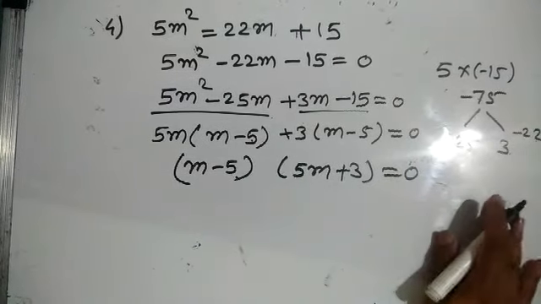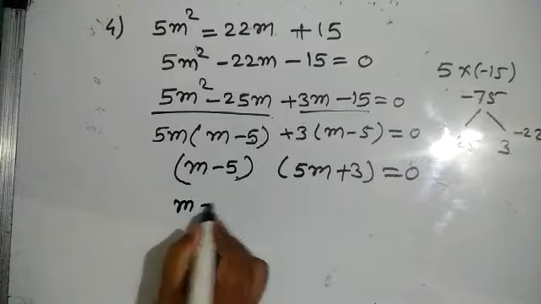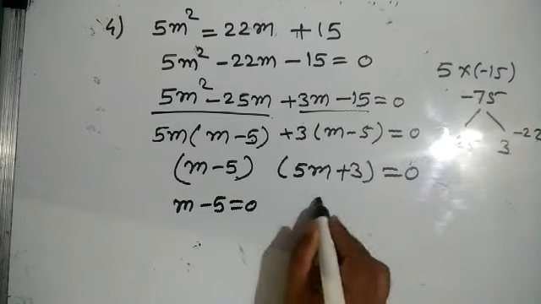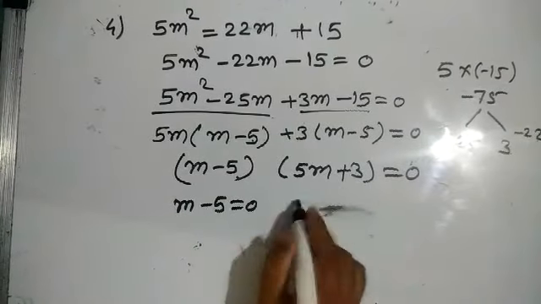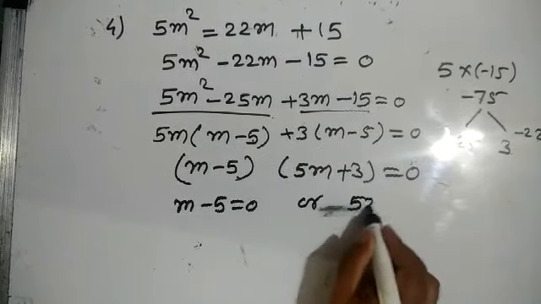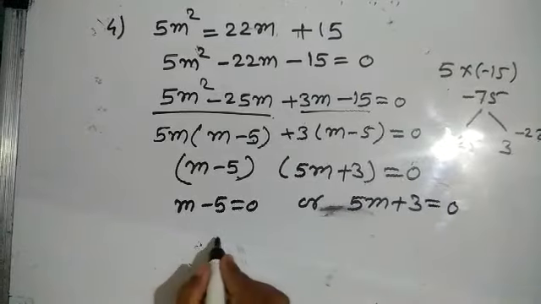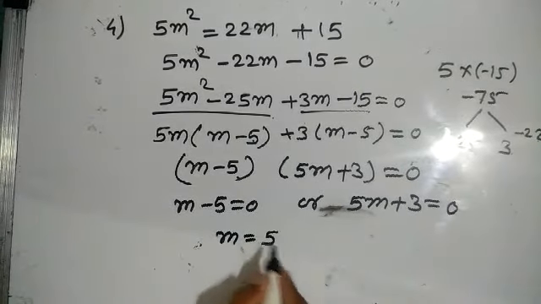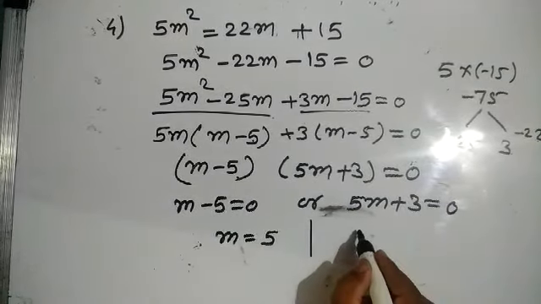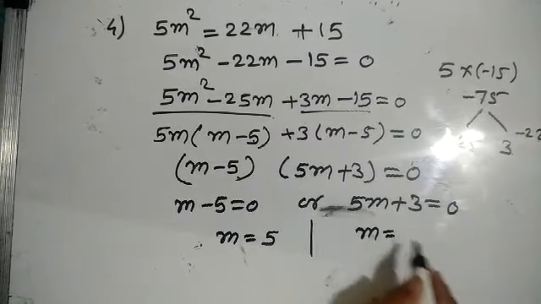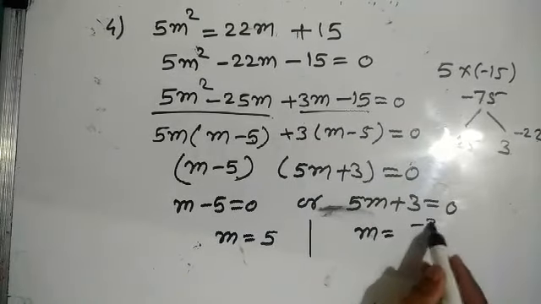Then we get m minus 5 is equal to 0, or 5m plus 3 is equal to 0. Therefore, we can write m is equal to 5, or m is equal to, take this plus 3, it becomes minus 3.